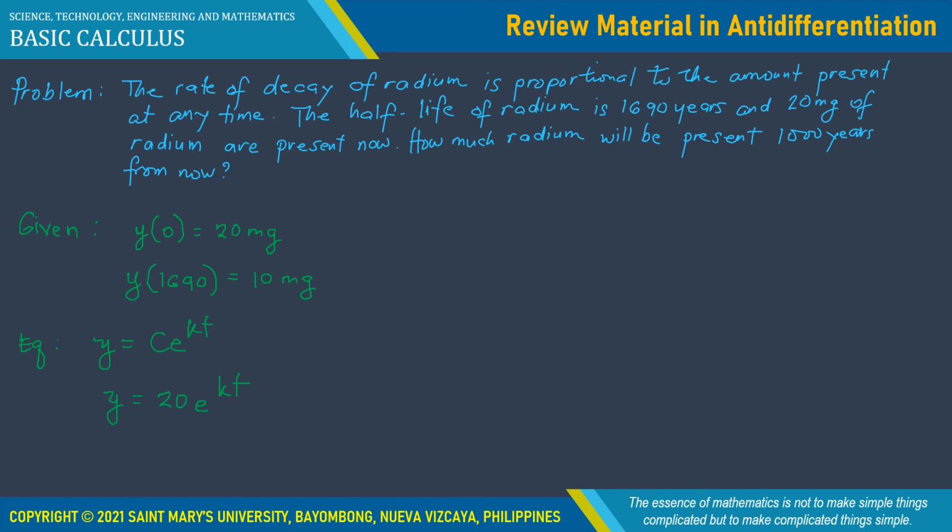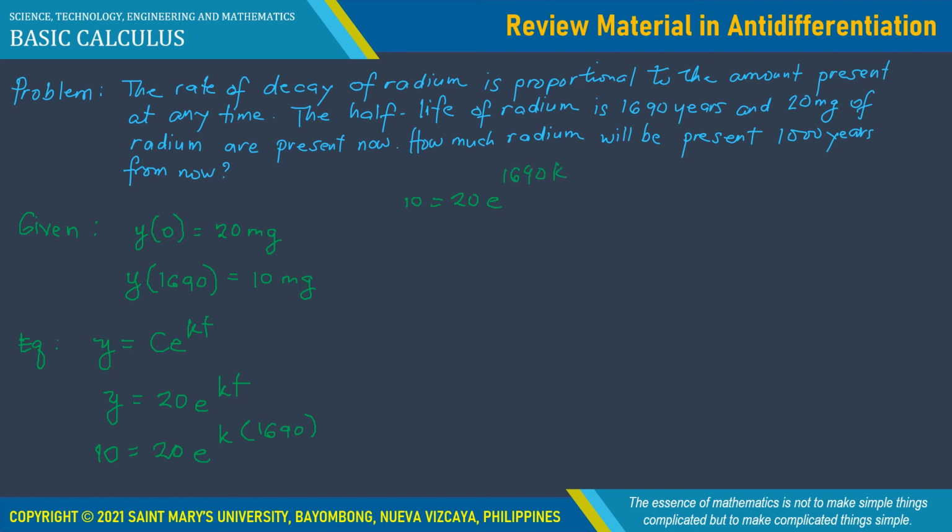By simple substitution lang. So, di ba, ang given dyan ay ito, yung 1,690 years, 10 milligrams. So, ang y is 10 equal to 20 e raised to k times 1,690.